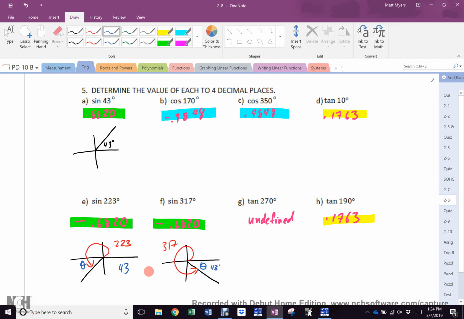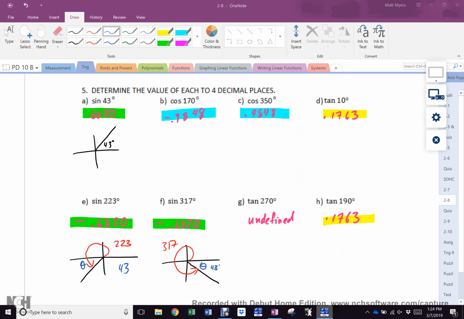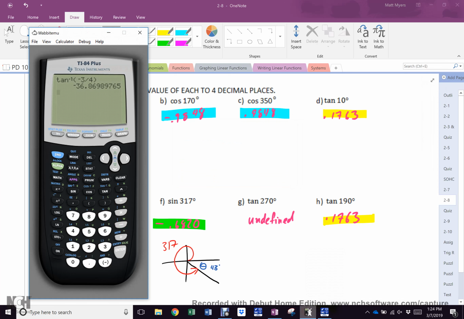Your calculator, if you go ahead and do, and now we need the screen back, observe. If I go to my calculator and I go shift sine negative 0.682, shift sine negative 0.682.